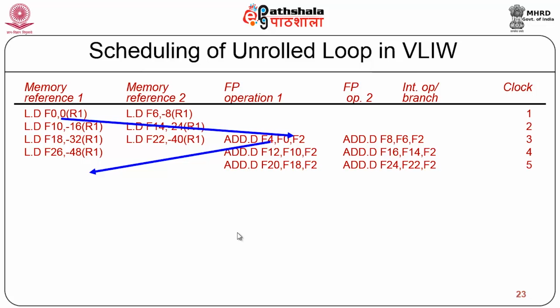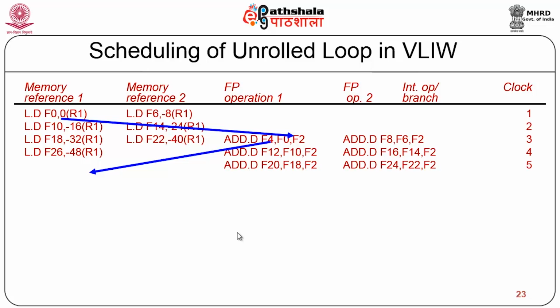The second thing that you will have to remember is, you will have to do register renaming. You can't use the same registers, in which case you will have a name dependency and they are not independent instructions anymore. So, you will also have to do register renaming, so that each instruction becomes independent of each other. Only if they are independent can you execute them in the same bundle.